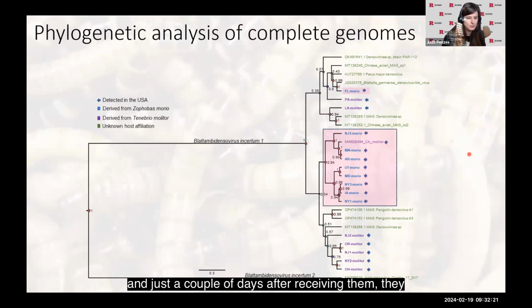And just a couple of days after receiving them, they all of a sudden started to exhibit the signs of the black wasting disease. And upon PCR amplifying and sequencing the genome, we could conclude that indeed CMBWV caused its symptoms. So this one pool clustered outside of the North American lineage, but together with the non-virulent mealworm strains and metagenomic strains.